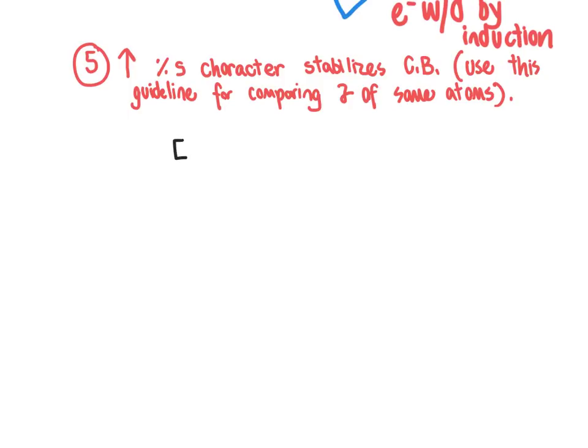So as our example here, we're going to look at the relative acidity of an alkyne. That's a molecule that has a carbon-carbon triple bond relative to the acidity of an alkane, so CH3, CH3. So in each of these cases, what we're going to do is go ahead and write out the conjugate base that would result from deprotonating each.